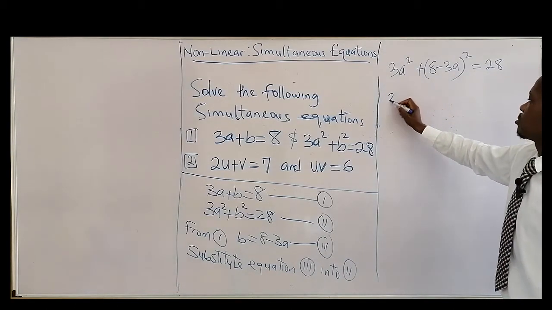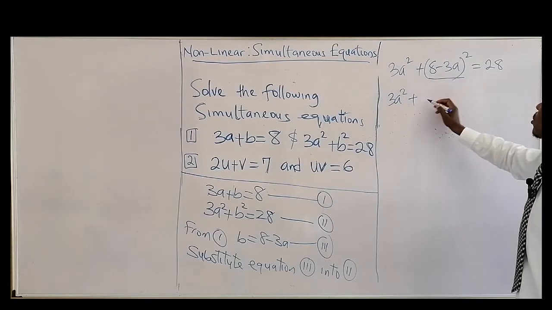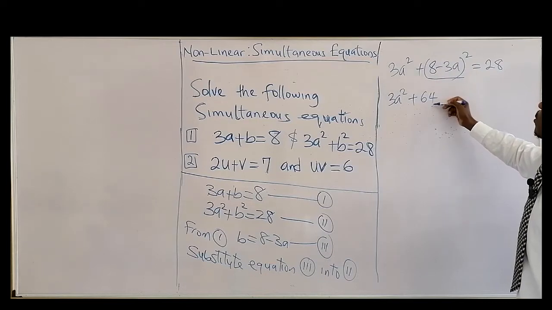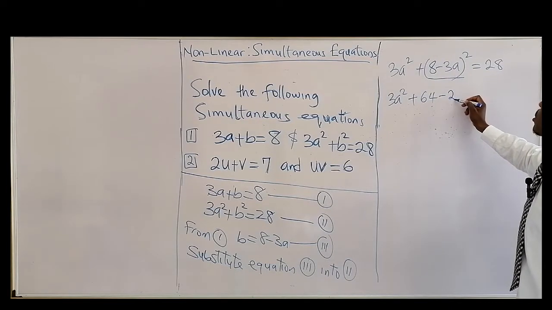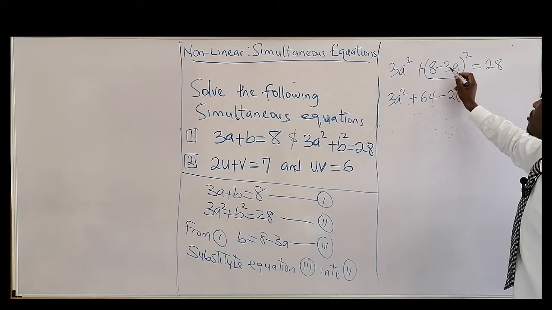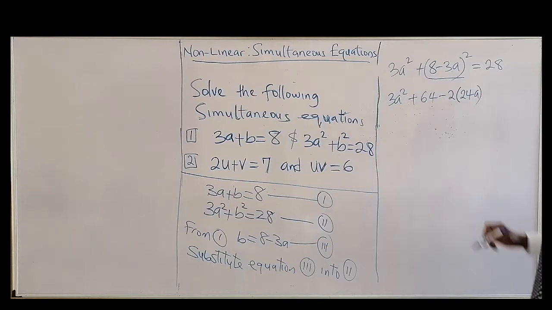Then let's do the expansion. This will be 3a squared plus 64, that's 8 squared, then minus 2 times 8 times 3a, that's 48a, then plus the last one, b squared, that's 9a squared, equal to 28.